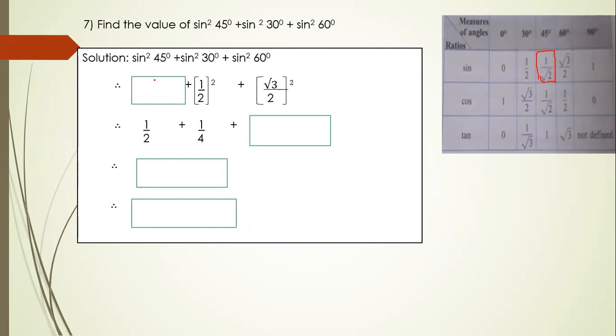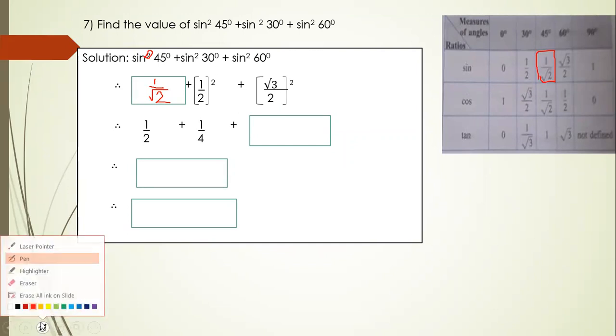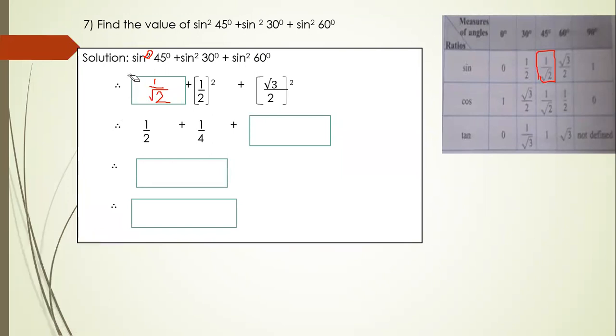So here over here where there is box, we will write 1 upon root 2. And one more important thing is this square. Don't forget to put square over here. Otherwise, you may get wrong answer.